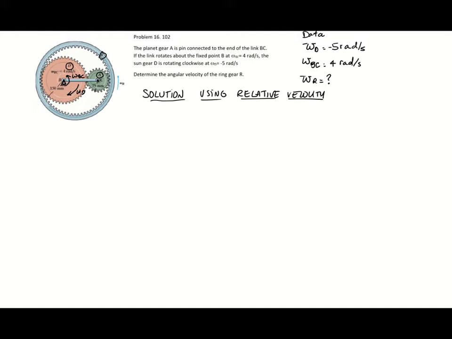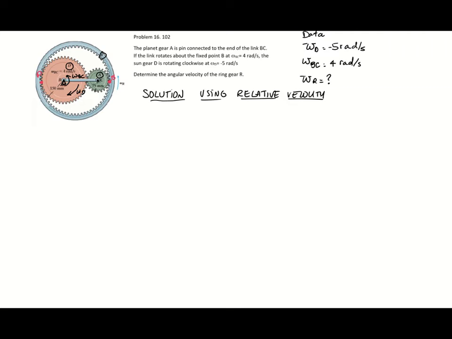To do that, I need the velocity of 2 points of the gear R. I'm going to name this point P, and I'm going to name this point S.